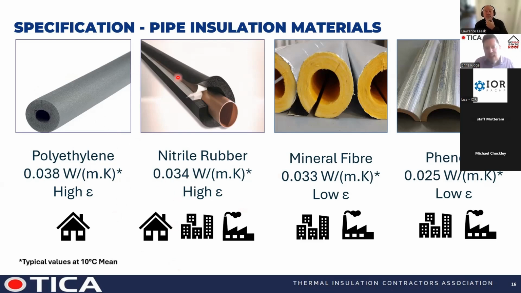Nitrile rubber, again, is a flexible foam product. So the first two are more flexible in their use, has quite a large range of applications. So is often used domestically, but can in certain applications be used in a lot of commercial and industrial type of scenarios as well. And then you have your mineral fibers and you have your phenolic foams.